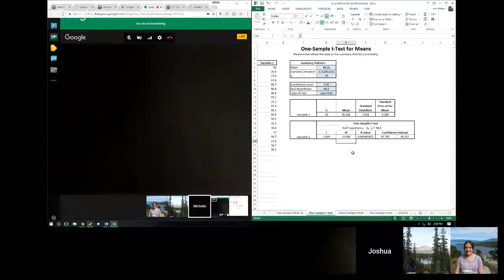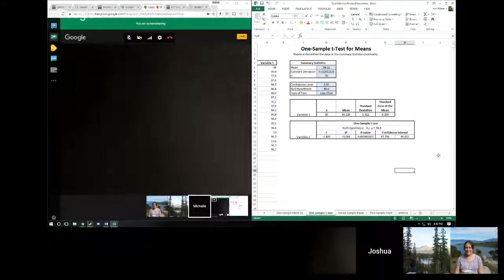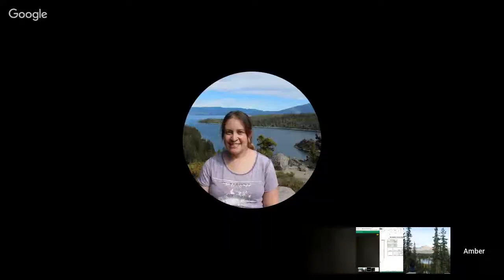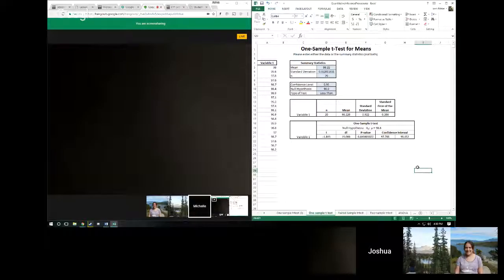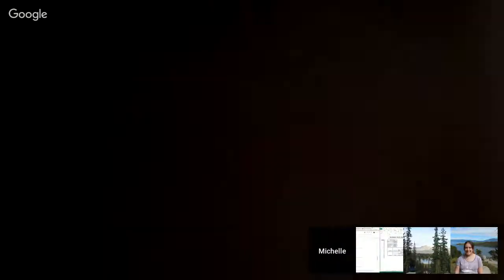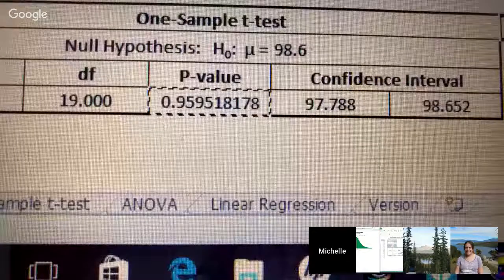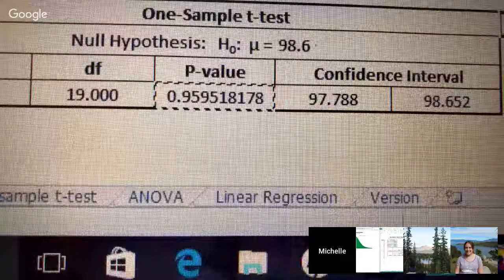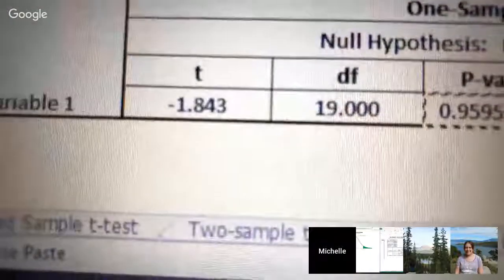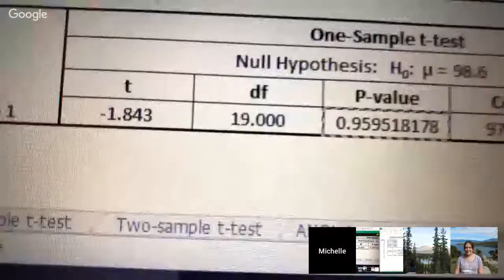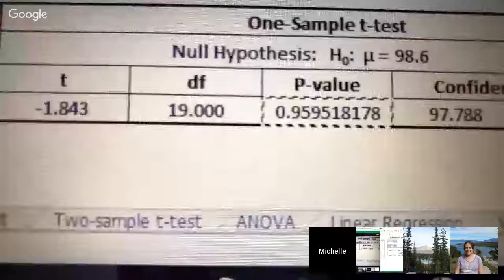How do we have different p-values? Here, look at mine. My p-value is different.